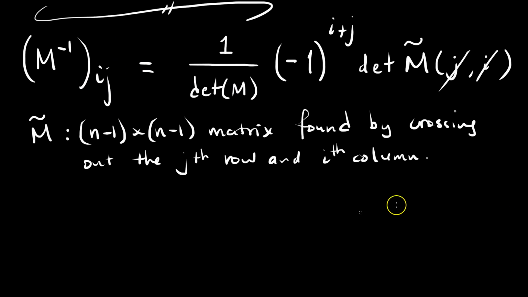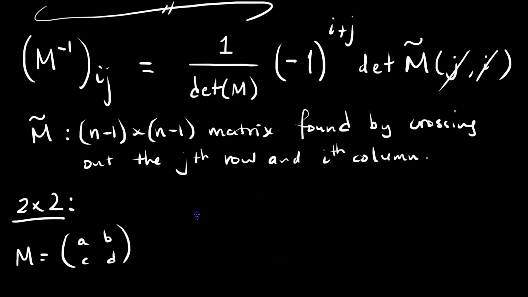So let's try it out for a 2x2 matrix. Let's say our matrix M is A, B, C, D. Let's start out with the first row and the first column of M inverse.